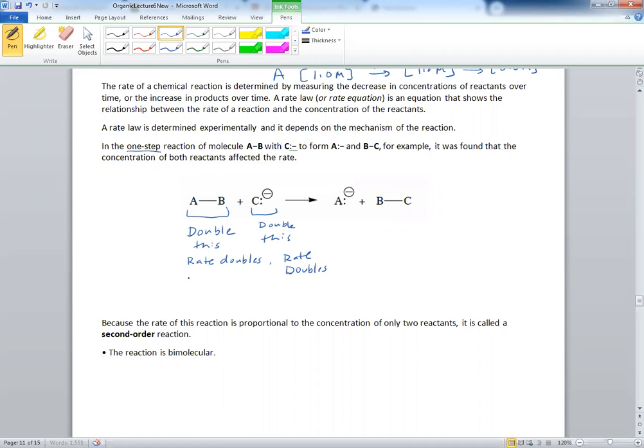And the rate law is the following. Rate is equal to k of AB, the concentration of AB, times the concentration of C⁻.